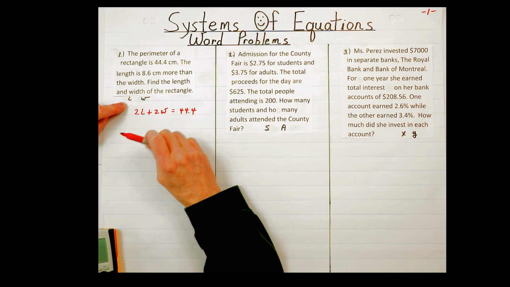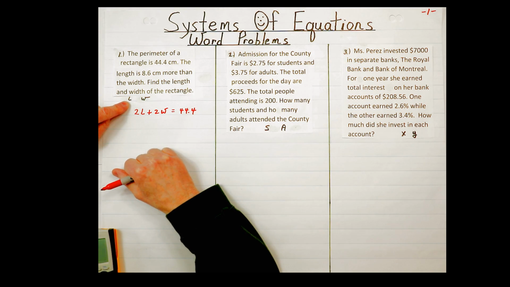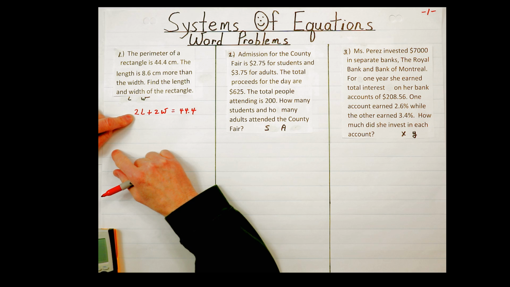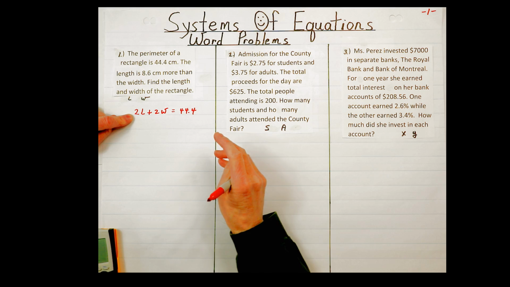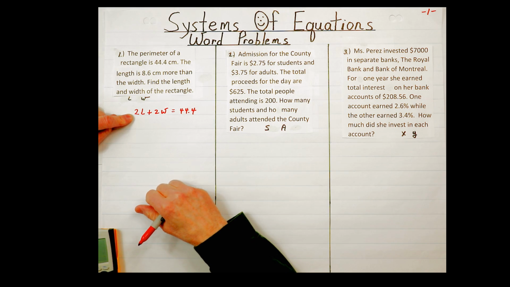Now, in my notes, I wrote down that in this particular problem I wanted to use the letters in the problem, length and width. Because if you use X and Y, then there's an extra step because you have to state somewhere that X is going to be the length and Y is going to be the width or the other way around. And you have to keep track of that.